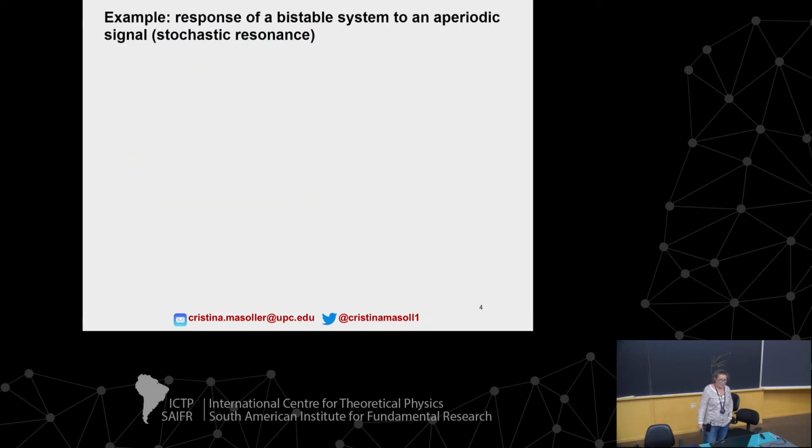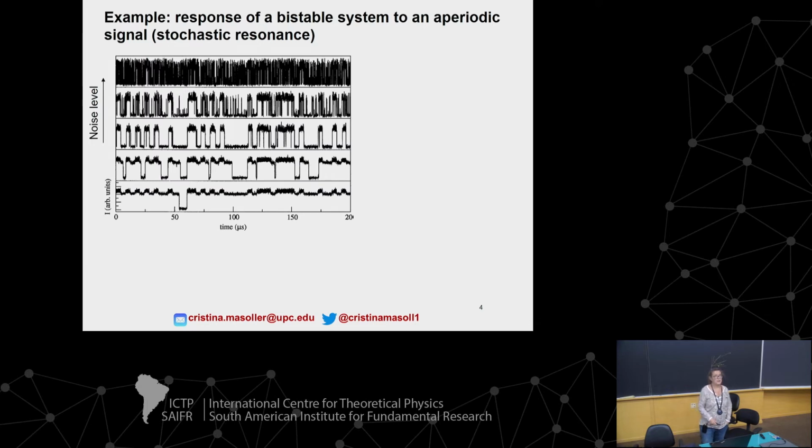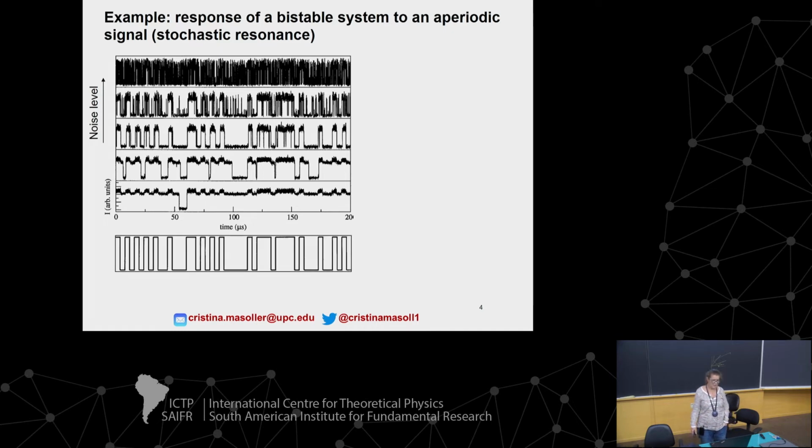Okay. So let's consider 0 tau. Forget about tau for the moment. And do you remember this stochastic resonance that we talked about, when you have a small amplitude signal and the response of the system follows the signal for an optimal level of noise. So this is the signal, and you can see that here there is maximum correlation.